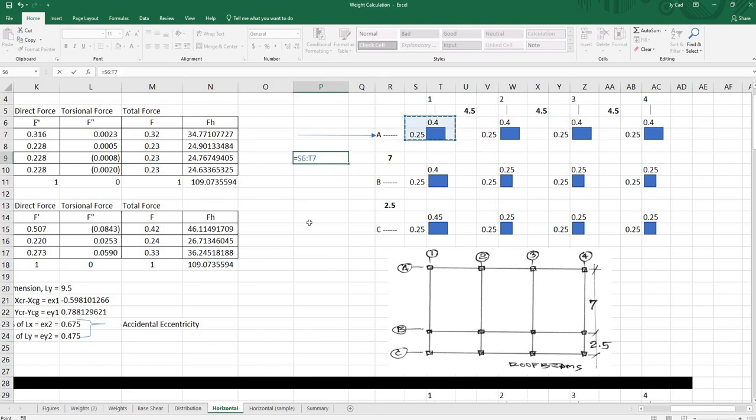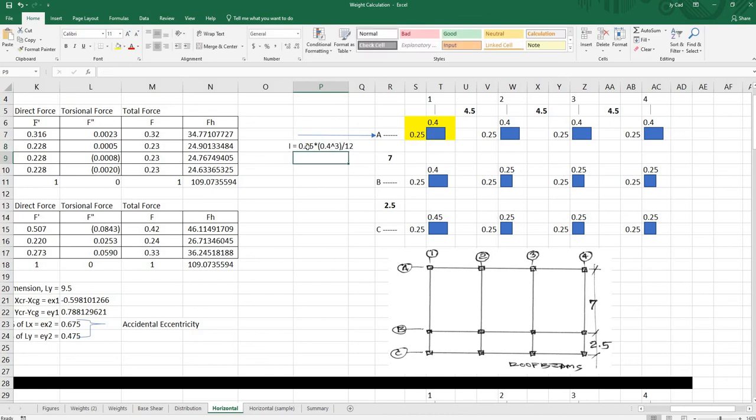For this column, considering na ito yung ating earthquake, your moment of inertia I is equal to 0.25 multiplied by 0.4 raised to cube, divided by 12.